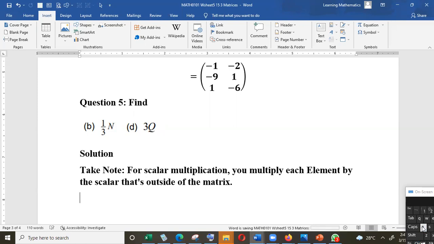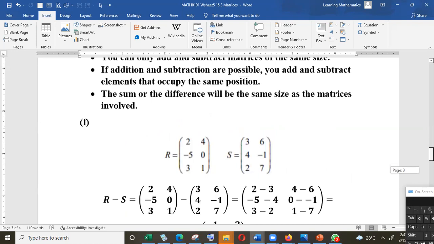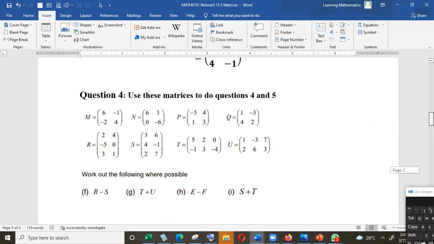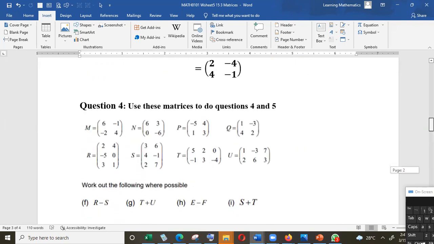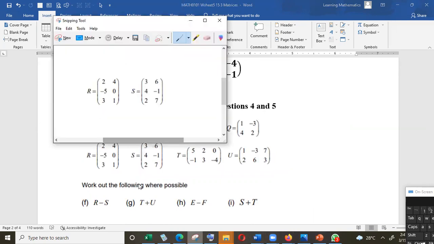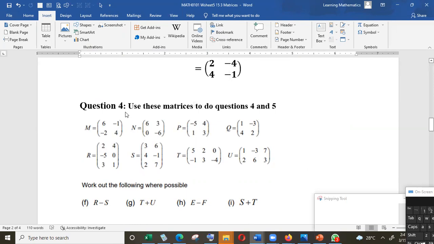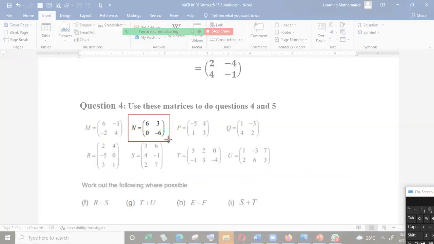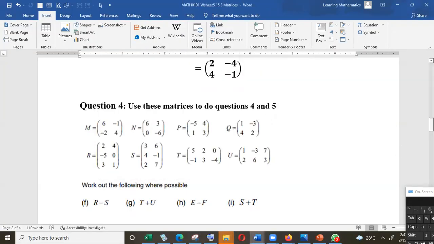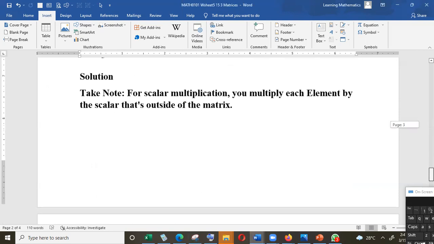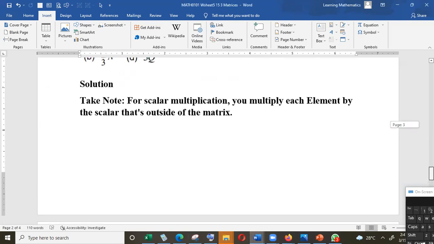So this question says a third times n. Where is n? Here is n. N is a 2 by 2 matrix. Here it is. Let's make a copy of it, and let's bring it here.